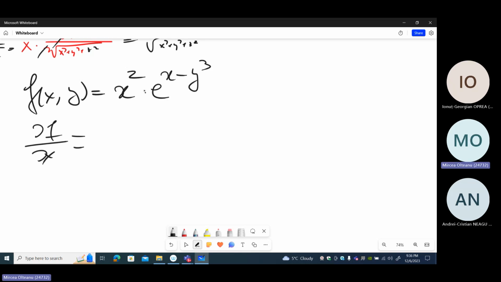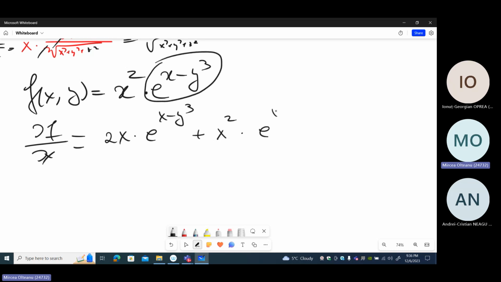So we have a product, that is 2x times e to the power x minus y cubed, plus x squared as it is, times the derivative with respect to x of the exponential. That will be e to the power x minus y cubed, times the derivative of the expression x minus y cubed with respect to x, which is 1. So we get (2x plus x squared) times e to the power x minus y cubed.